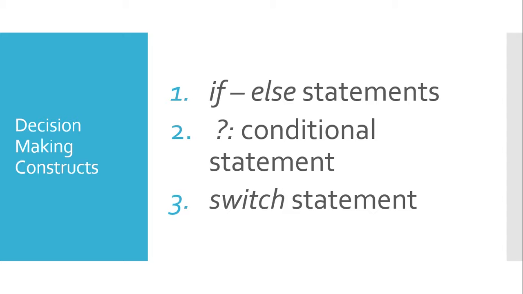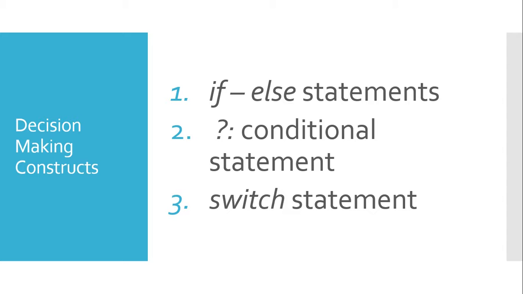Basically this is if this expression is true, then do this. If not, then do this. So it looks at a conditional, whether it's true or false. If it's true, it does one thing, and if it's false, it does the other thing.